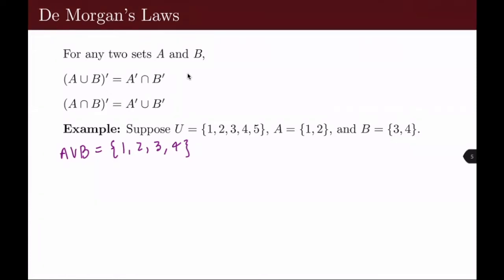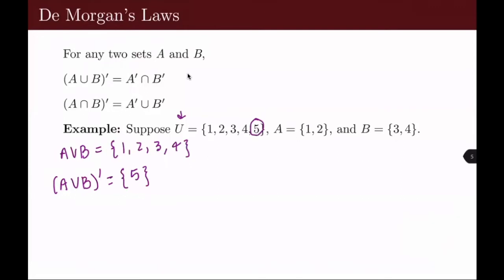Now the complement of A union B is going to be everything that's in U, our universal set, but not in A or in B. The only number left over in U that doesn't show up in A and B is going to be 5. So A union B complement is 5.